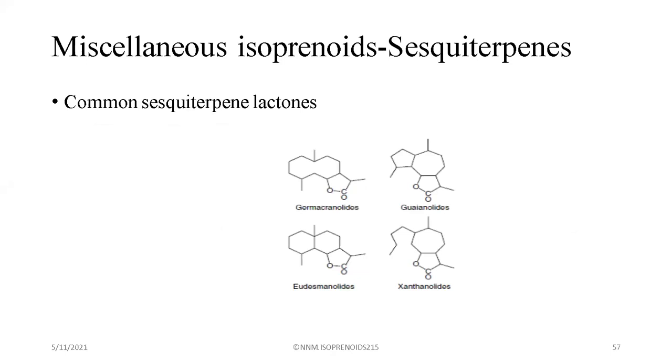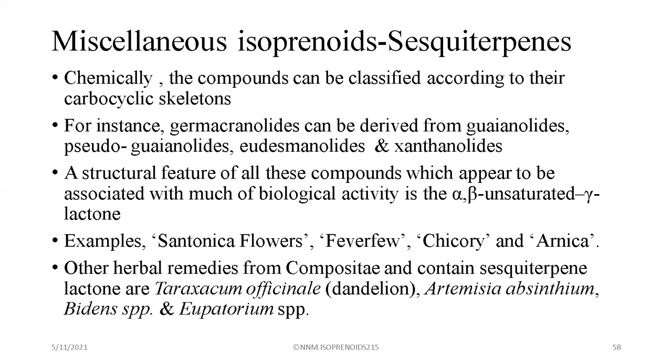Those are examples of the sesquiterpene lactones, the four examples. You can have a look at them, then we move to the next one. They are classified according to their carbon skeletons, from the structures you've seen on the previous slides.